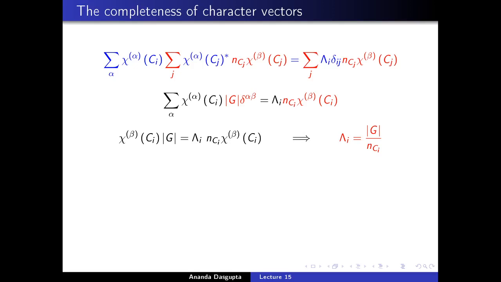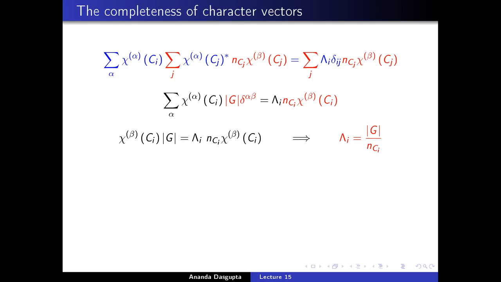If you are being very careful, you might object here saying that what happens if chi beta ci, the character for the ith class in the betath irrep, is actually 0. Then of course cancellation of chi beta ci on both sides will not be valid. But note that this expression that we have obtained here is independent of which irrep we are talking about. And in particular, we at least have one irrep for every group where the character is not 0. This is, of course, the trivial irreducible representation, the one-dimensional irreducible representation where every element of the group is mapped to the number 1.